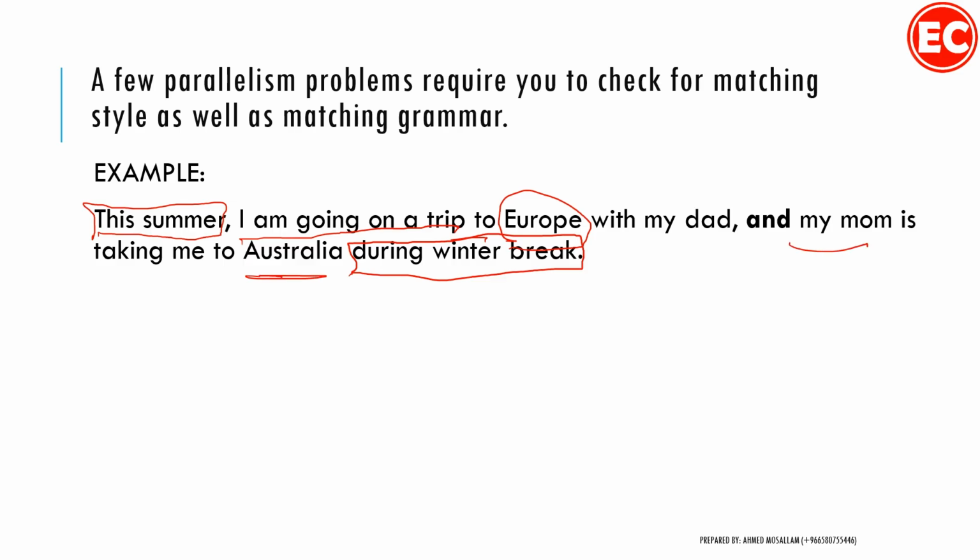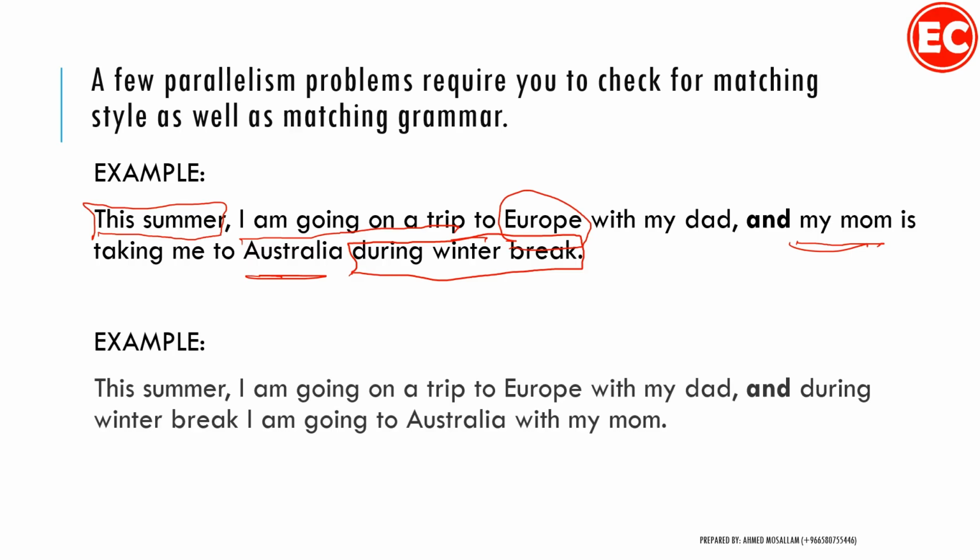This way we make a parallelism between the two sentences in style. Okay, so if we keep the second one and want to change the first one, we'll start with my dad, because my mom is here, so we're going to say my dad is taking me to Europe this summer. Okay, these are two ways to answer this.